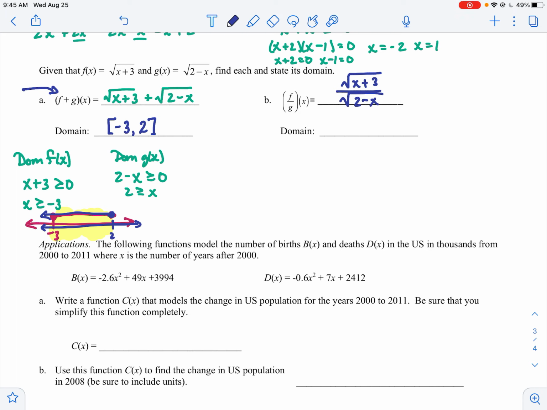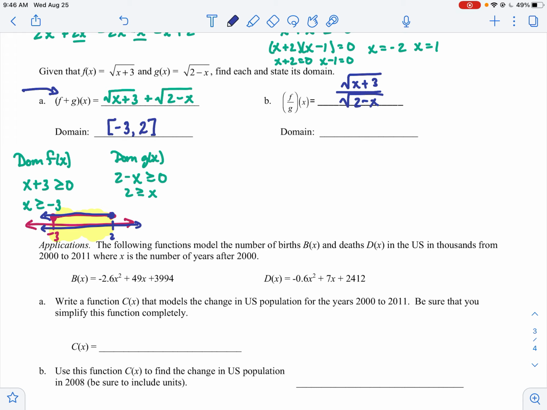Right? But the only difference here is, so again, the domain of f, same idea as before, the domain of f was greater than or equal to -3, and the domain of g was less than or equal to 2, right?